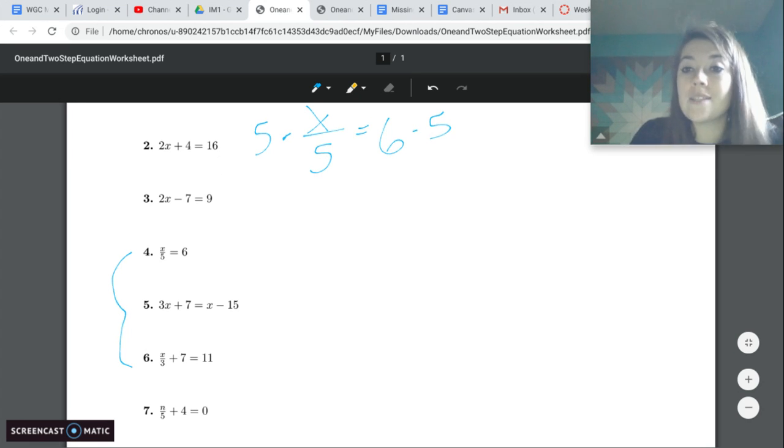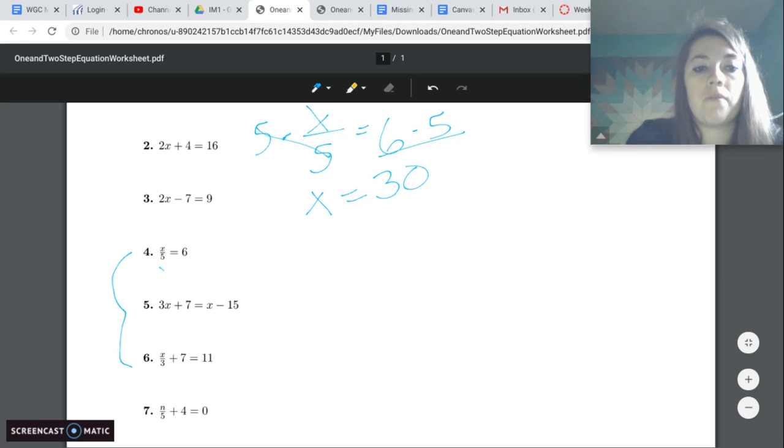Now, what we do to one side, we have to do to the other side. That's the key thing with solving equations. What you do to one side must happen to the other side. Otherwise, it's not a true equation anymore. So these cancel, and we're left with x equals 6 times 5, which is 30. So for number 4, x equals 30.